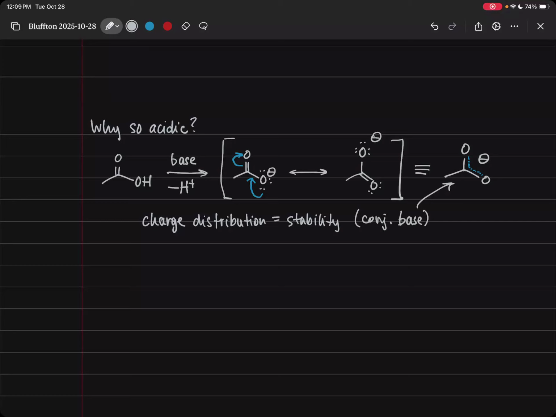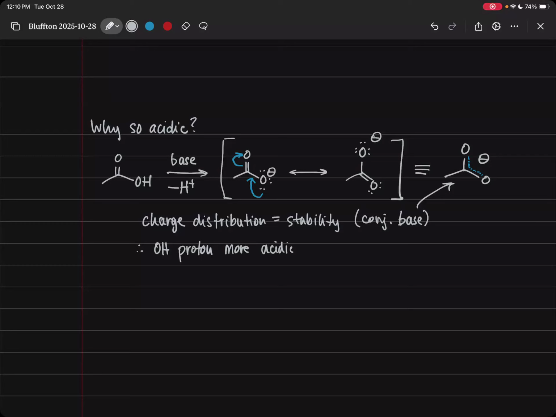Stability means lower in energy, and so that means the proton is more acidic, more likely to come off of the molecule, because if we do lose the hydrogen atom, the proton, then we've got this still pretty stable, delocalized carboxylate.